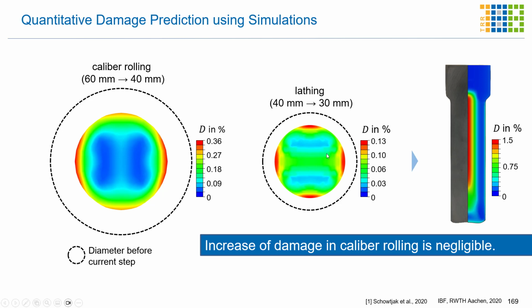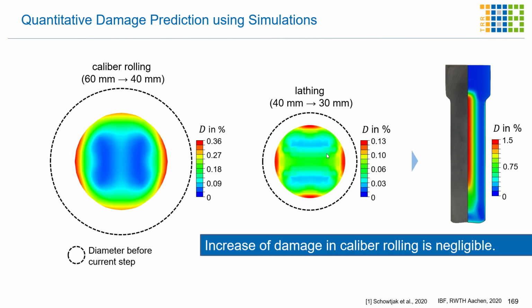Therefore we can say that the damage increase in caliber rolling is negligible for the subsequent cold forging. So from the point of view of the industry, we would say that it is not mandatory to consider the caliber rolling in the simulation, or the process route in terms of the simulation.